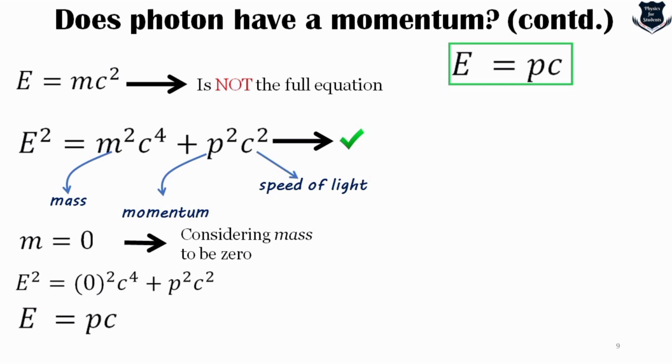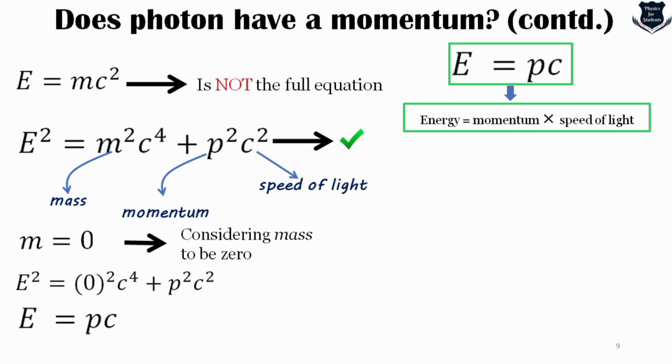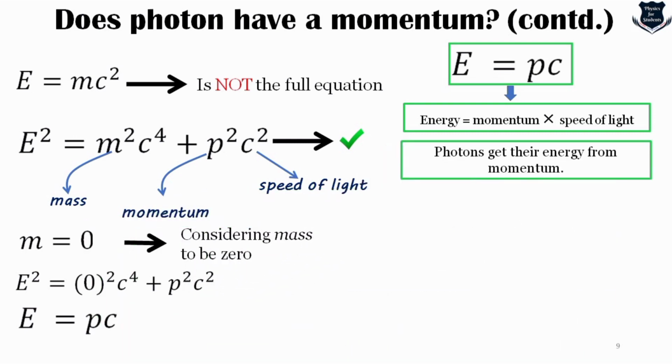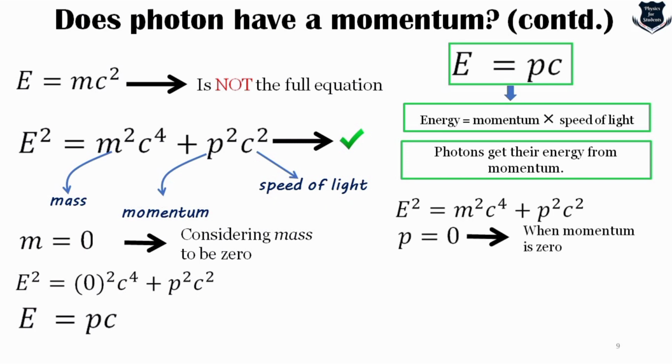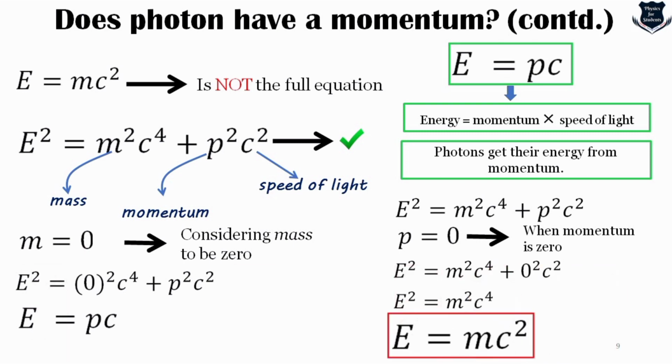This equation E equals P times C is energy, which is equal to the momentum multiplied by the speed of light. Now photons get their energy from momentum. If we now consider P to be 0, first we considered mass to be 0, now we are considering the momentum to be 0, then we get this kind of equation, and removing the square roots, what we get is E equals mc squared.